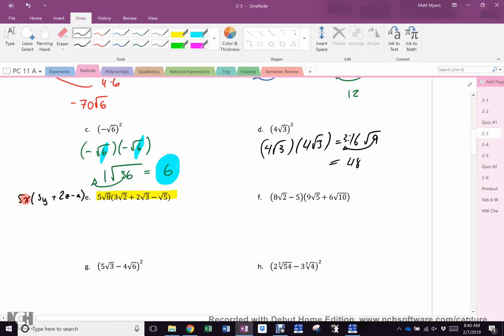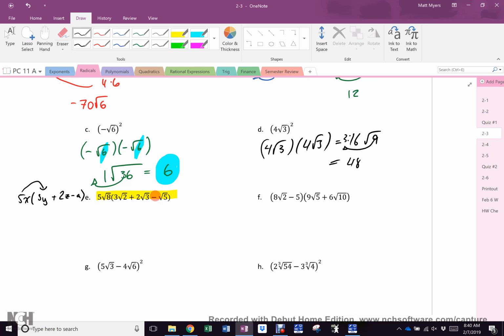Because I got a coefficient out. Now, if there were no roots, what would I do with that coefficient and that first argument? I would distribute, right? So what do you think I do here? I distribute, because math always makes sense.